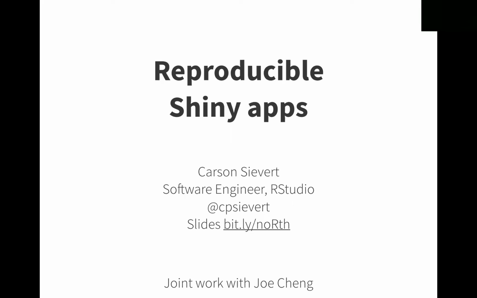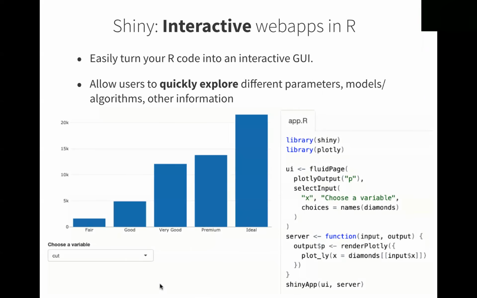I assume everyone can hear me okay? Yep. Good. All right, so I'm really excited to be here and share some very recent work that I've been doing with Joe Chang at our studio. Just by a show of hands, how many people here have programmed their own Shiny app before? Okay, pretty good, so about half of us.